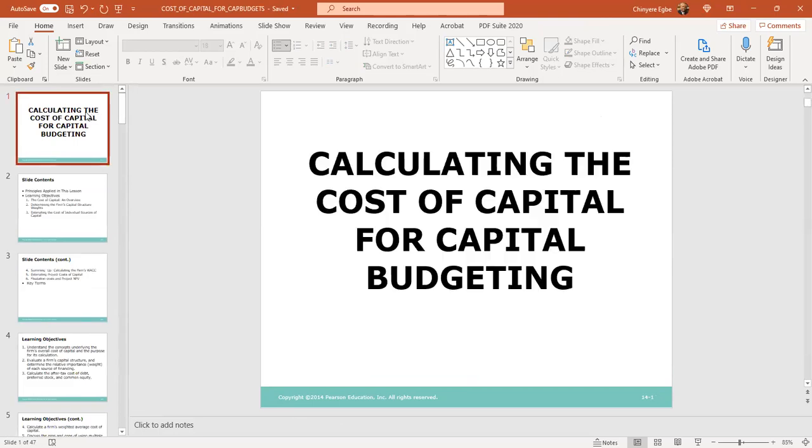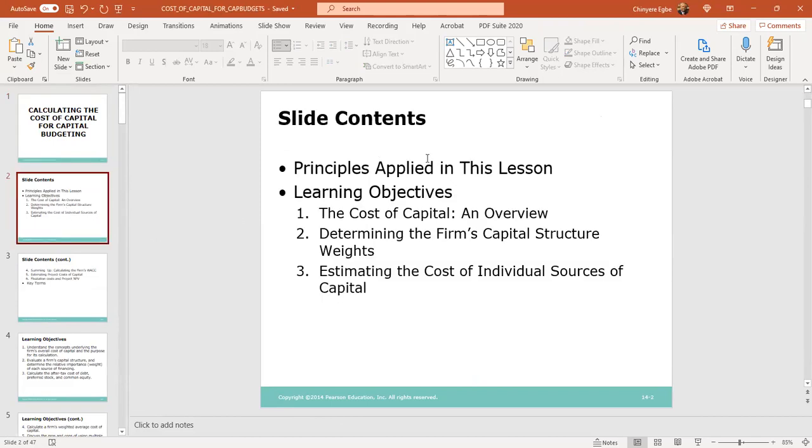Okay. So this is how we calculate cost of capital, and we use the calculated cost of capital, and we apply it to capital budgeting. Okay. So today we are going to learn about cost of capital.